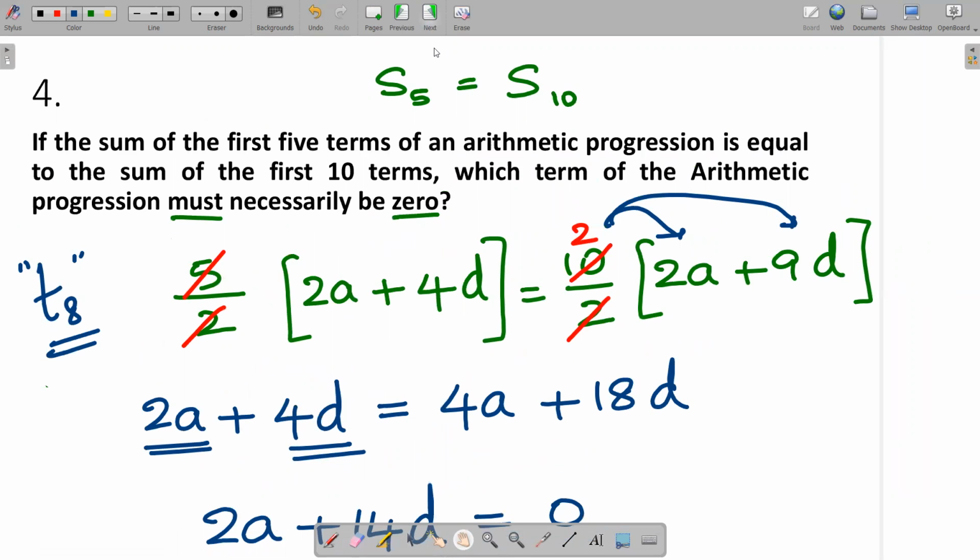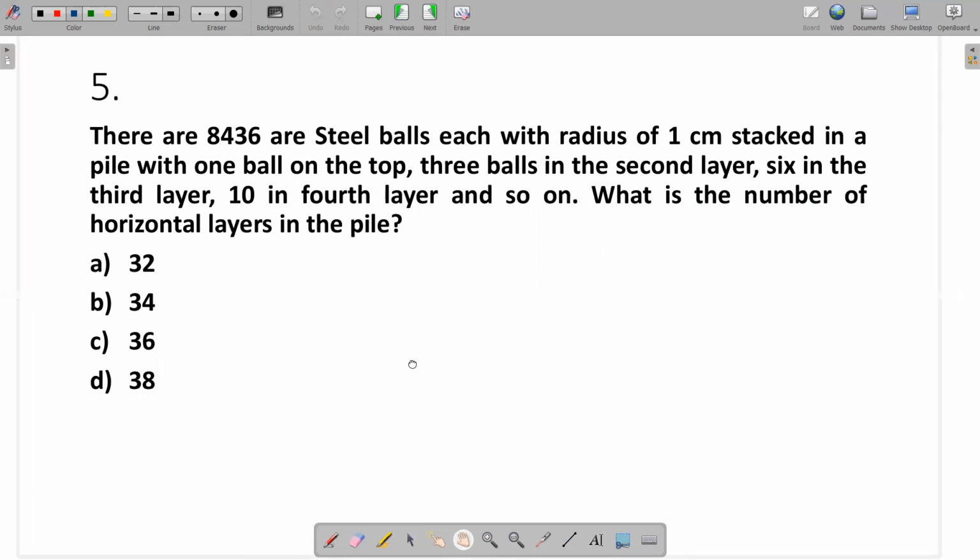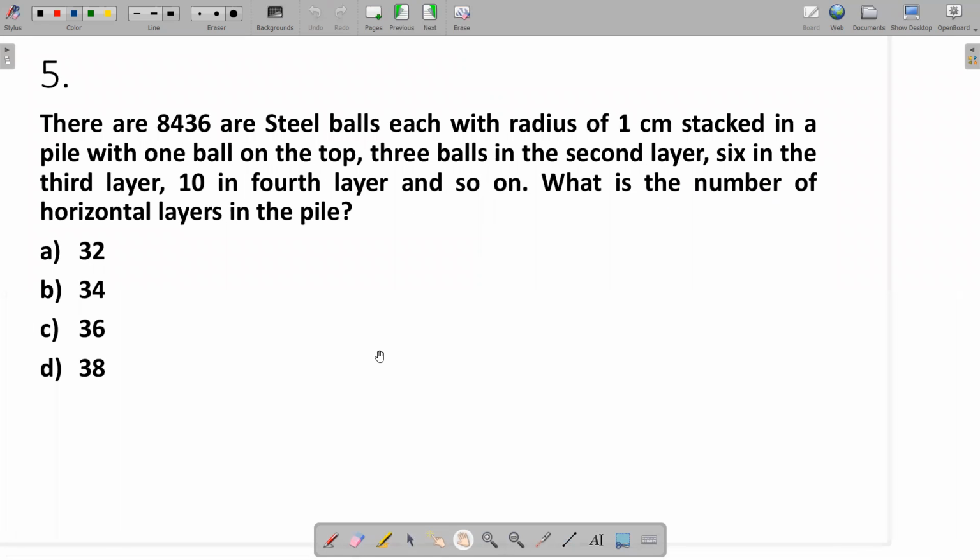Let us now get into the fifth question. Please read this question carefully. In this question, it is given a total of 8,436 steel balls, each with radius 1 centimeter.